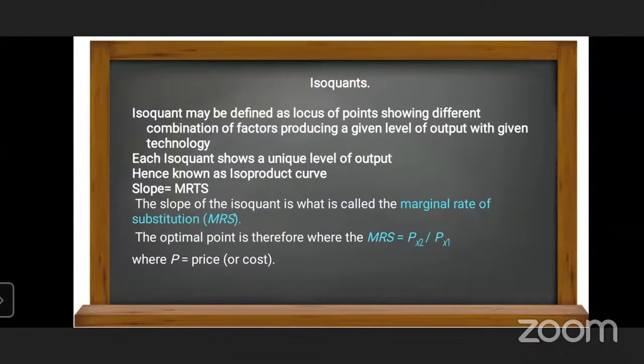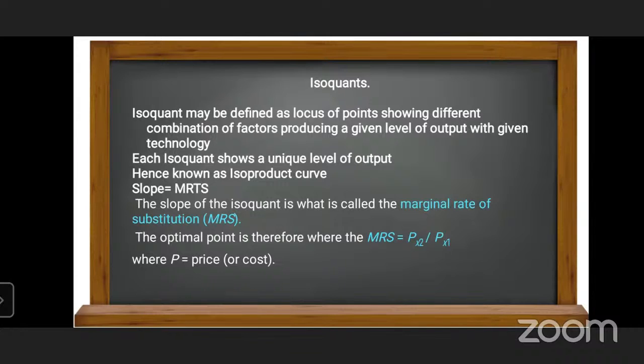Then we draw a curve, which we call isoquant. So what we are telling, it is the locus of points showing the combination of factors producing a given level of output with given technology. Because one isoquant shows the different combinations of the inputs to produce a given level of output. That is why isoquant is also known as isoproduct curve, because one isoquant determines one level of output.